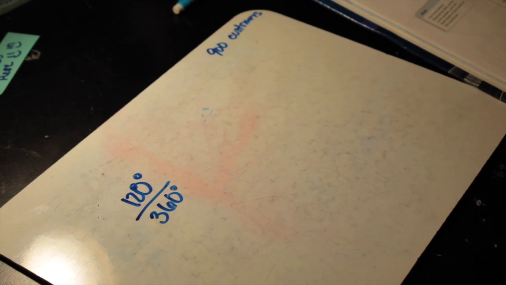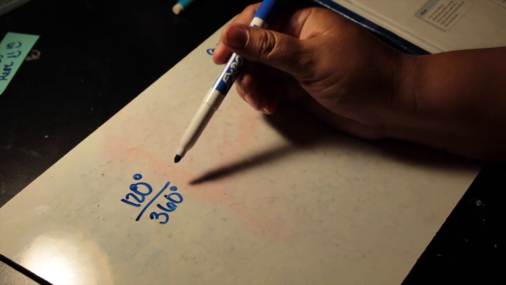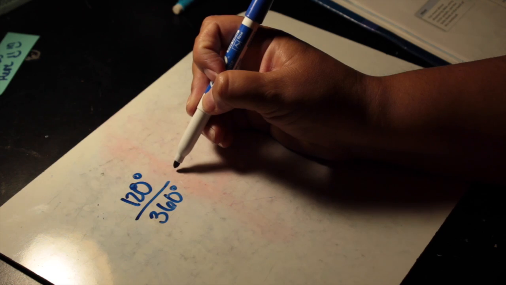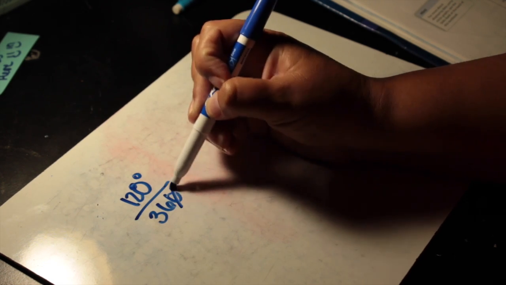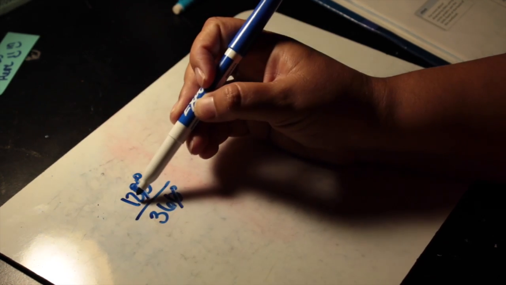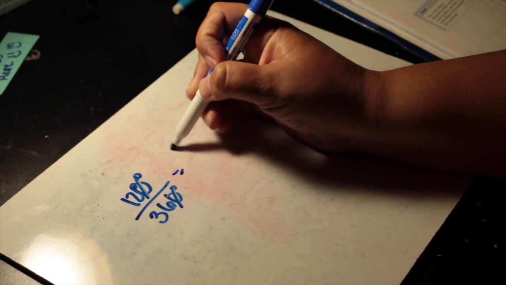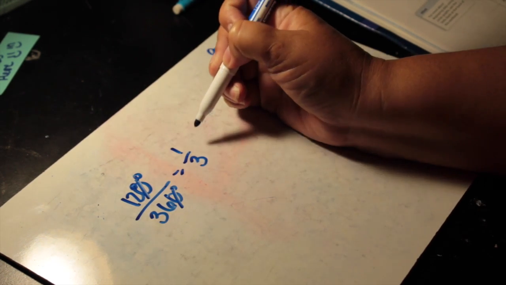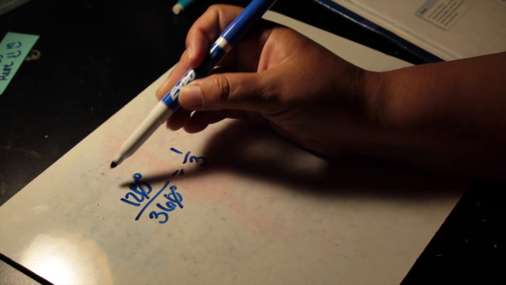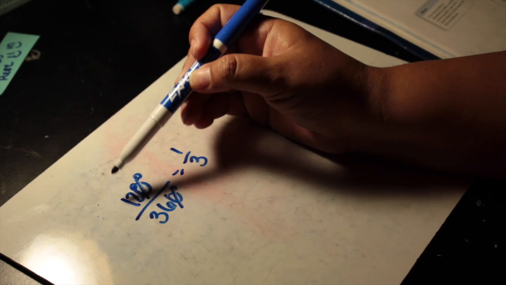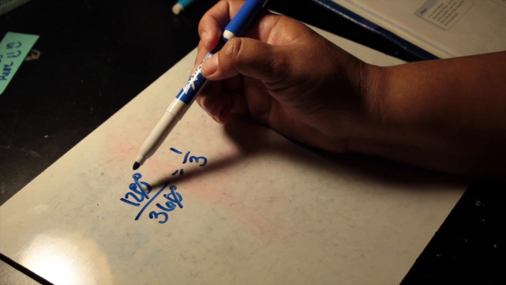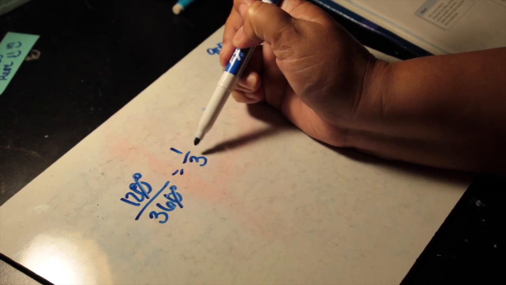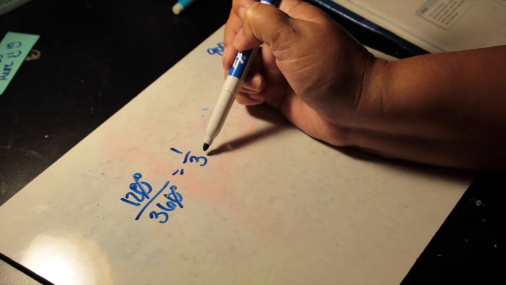If you factor it down, let's just do it quickly, we'll take out the zeros. 12 over 36 is actually 1/3. So basically what this means is that the customers that are age 15 to 20 years old are 1/3 of all of his customers.